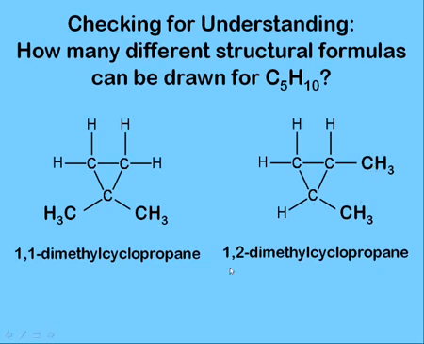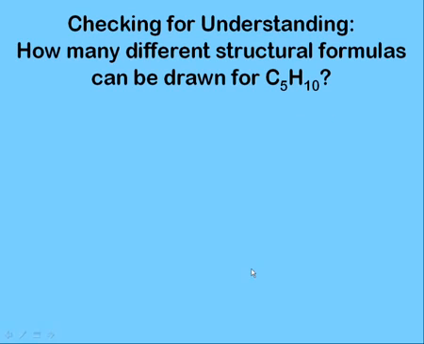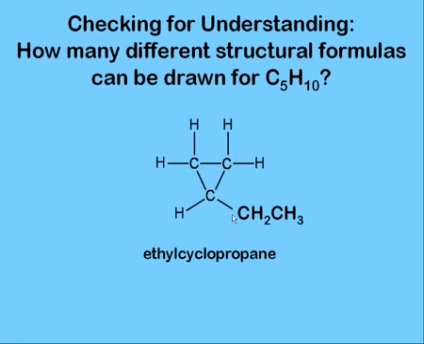If the 2 methyl groups are on adjacent carbons, we call it 1,2-dimethyl cyclopropane. And then finally, you could have a cyclopropane with a 2-carbon branch coming off of it, and that is known as an ethyl group. So the last example would be ethyl cyclopropane.